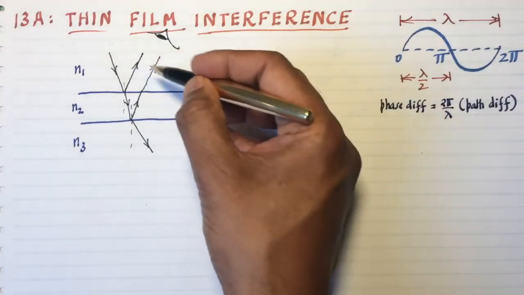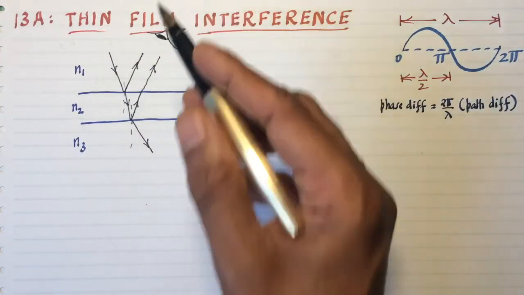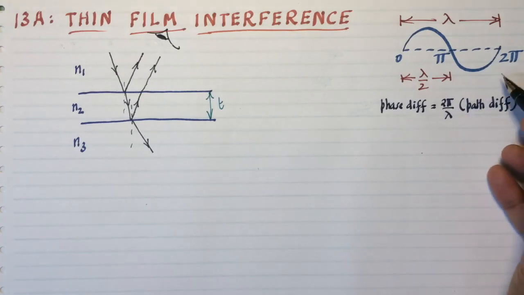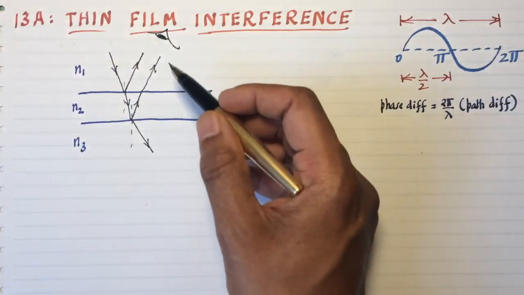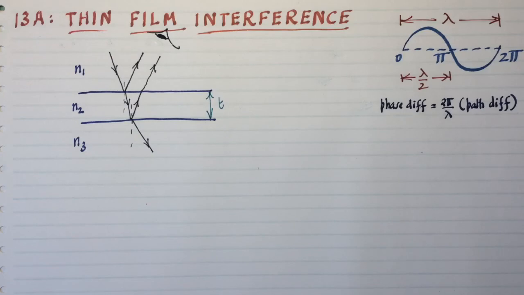If these two waves are in phase and they don't have any phase difference, then it'll appear to be constructive or bright. Or if they have a phase difference of 2 pi or multiples of 2 pi. Or said in terms of path difference, if the path difference is either nothing or multiples of lambda, then you're going to have a bright reflection. So this would be a case where you want good reflection.